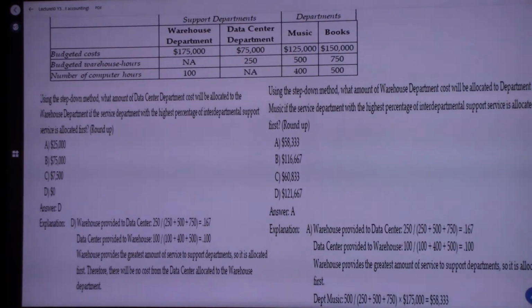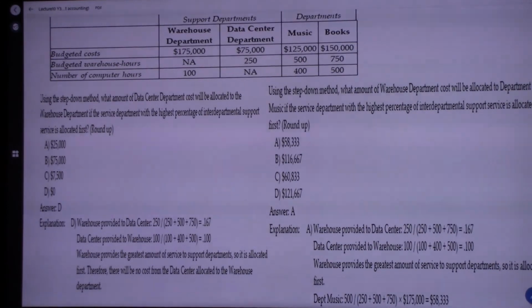So warehouse is going to provide cost to data center, music and books, and data center is going to provide to music and books. So data center is not going to provide warehouse with any costs because we're applying the step-down method.